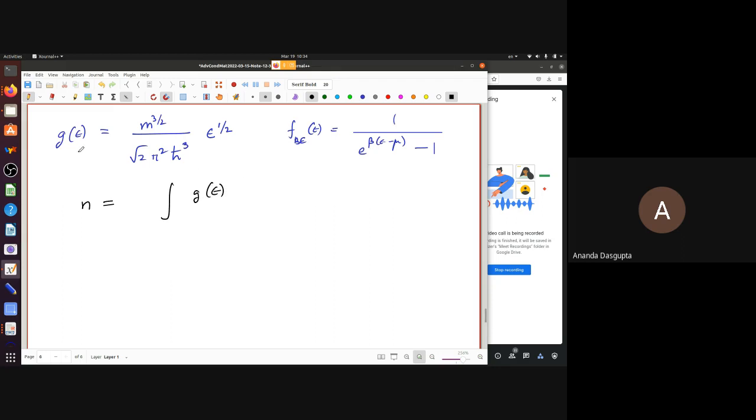Now, this, of course, is the number of states between energy epsilon and epsilon plus d epsilon by d epsilon, of course, per unit volume. So, this small n is the number of particles per unit volume, which is calculated by using this.